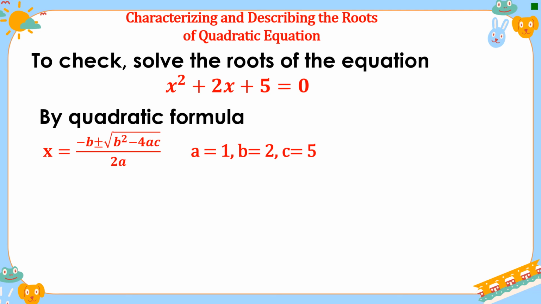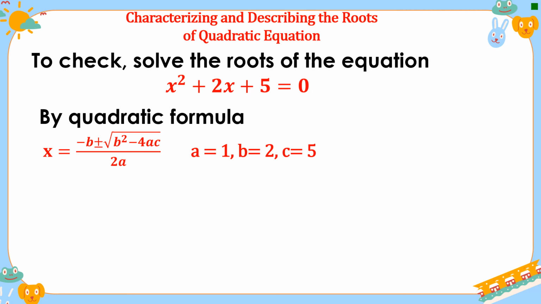Ang unang step lang na gagawin natin ay kunin natin ang value ni a, b, and c. So from the equation x squared plus 2x plus 5 equals 0, ang a natin ay equal to 1, ang b ay equal to 2, at ang c ay equal to 5.